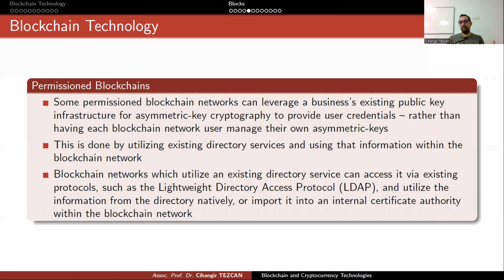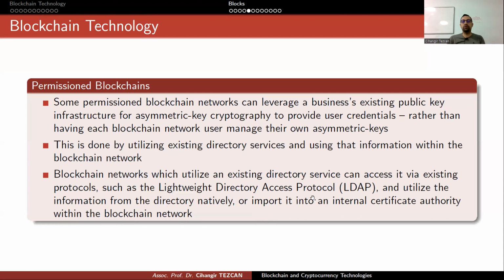So as you can see, people are very familiar with permissionless blockchains due to Bitcoin and Ethereum. There you simply create your private and public keys by pressing a button on your wallet software. But you might lose this information and so on. But if you already have existing asymmetric key services, you can integrate them into your blockchain in a permissioned blockchain, because since you already know who the people are, you can give them authorization this way.